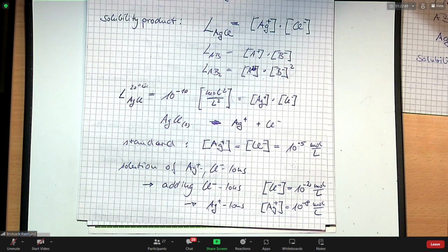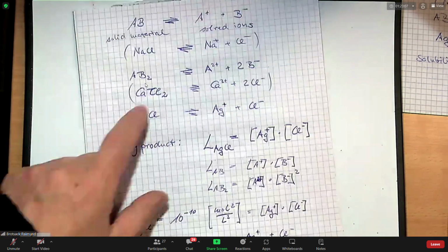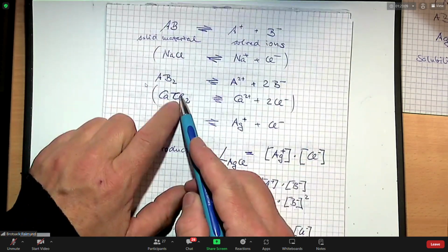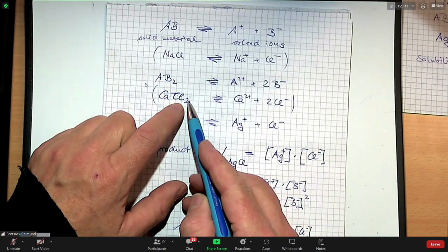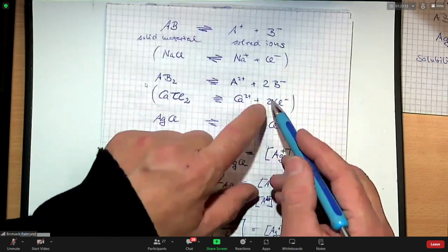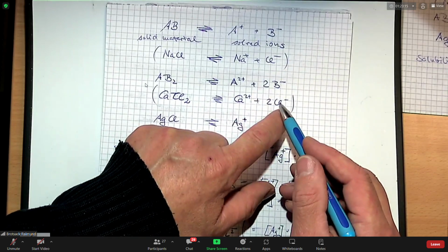We have 2 positive charges here in the A, and here we have just 1 negative charge. To have a component not charged, we need 2B. An example can be calcium chloride. Well, let's have the calcium chloride, which is AB2. Well, we have 2 plus and 2 Cl minus.